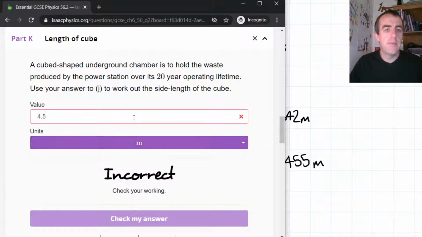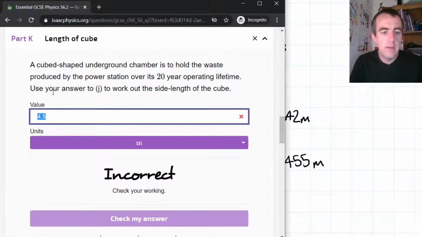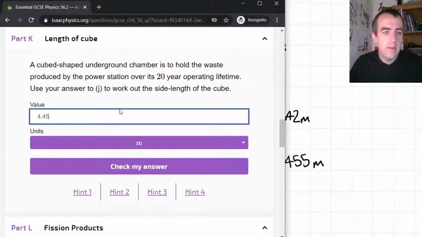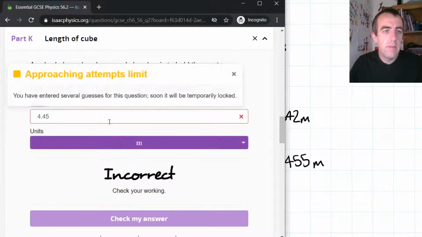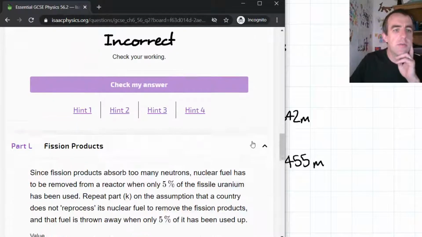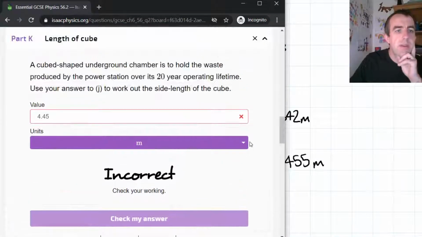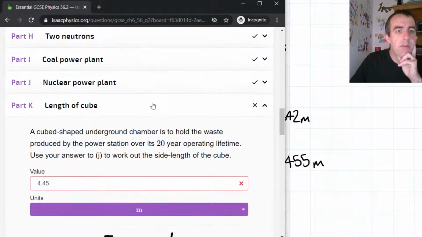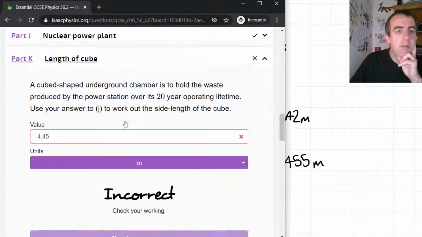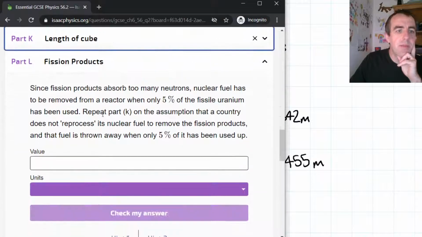Oh. So what have I done wrong now then? I've only tried 2. Why am I approaching the limit? Oh, that's part K, that's why.